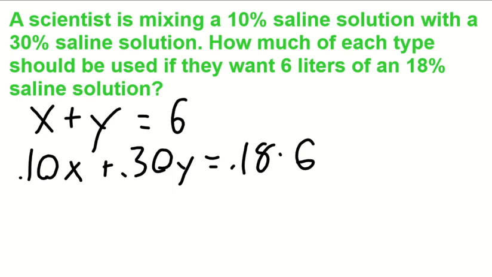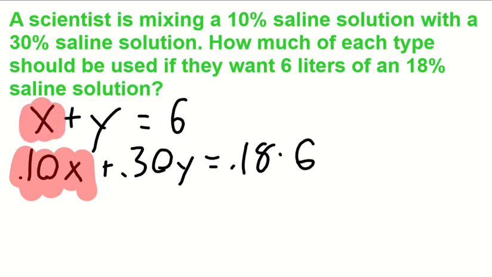All right, so now we're going to rearrange some stuff. The easiest way to solve these is to set the first equation so it's whatever the tinier coefficient is equal to the rest of it. So you see I've got x as my tinier coefficient, right?